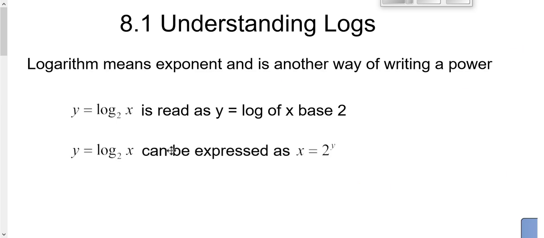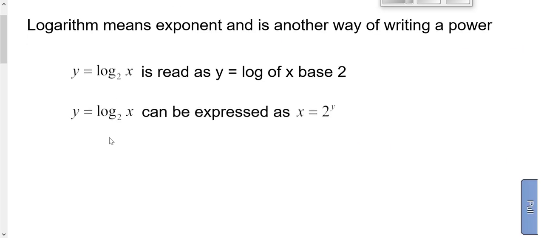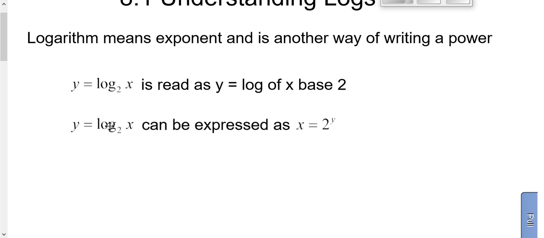Now let's look at the thing that we did 15 minutes ago. So how can I convert this into this? Well, first thing is I'm going to rewrite this, change the orientation. So instead of saying y equals log base 2 of x, I'm going to write log base 2 of x equals y.